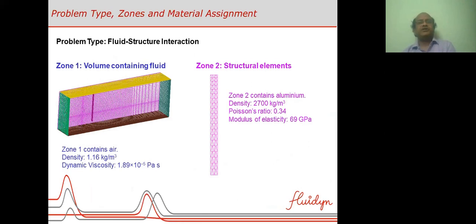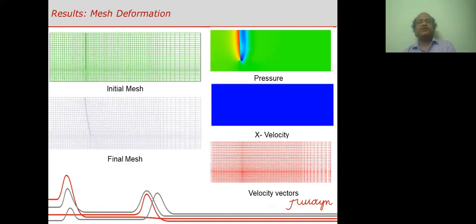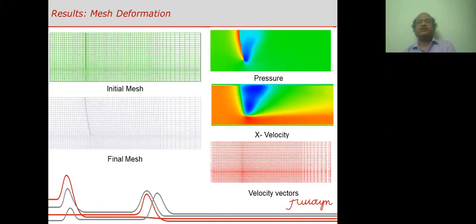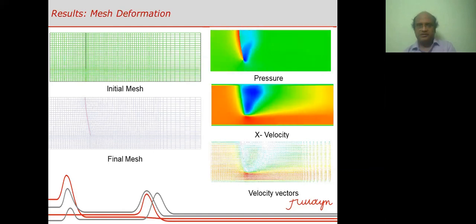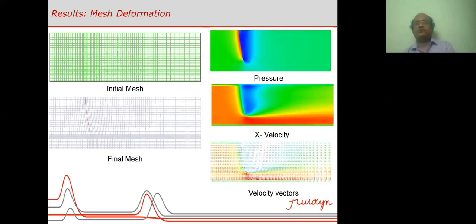We can see that when we do the simulation, the flow is from left to right. So it results in higher pressure on the left-hand side, and due to the flow, there is lower pressure on the right-hand side. So there is a force on the structure from left to right, in the positive x direction. So the structure deforms in the x direction, but it is fixed at the top.